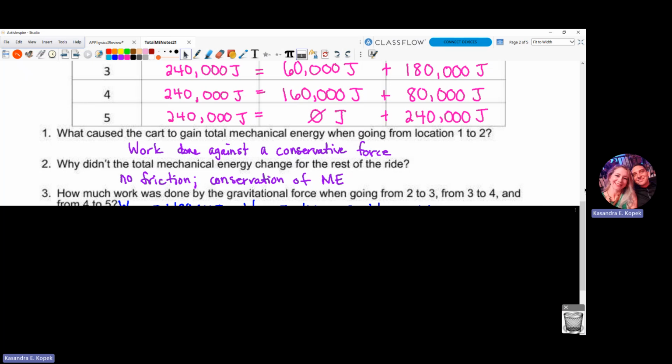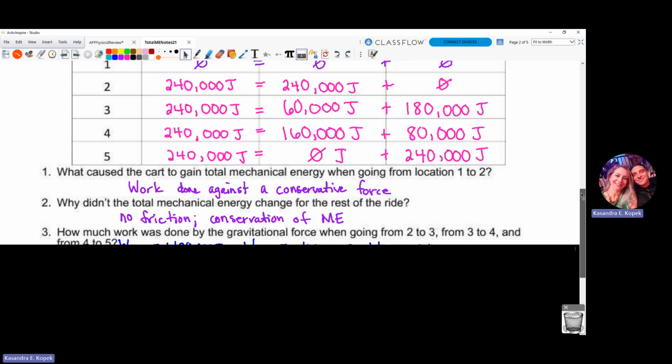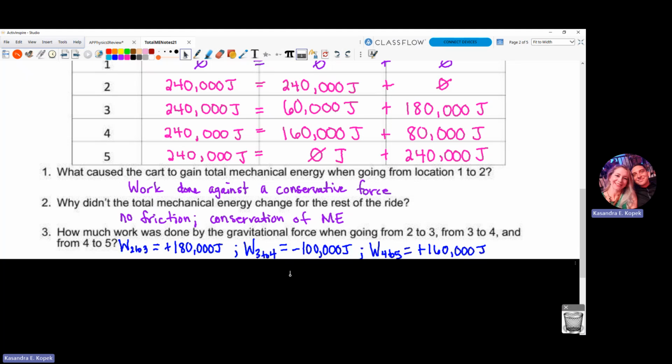So from 2 to 3, if you look at your table, it's going from 0 to 180, so that means there's positive 180,000 joules of work done. From 3 to 4, you have a decrease in kinetic energy, so it's going to be negative 100,000 joules of work done.